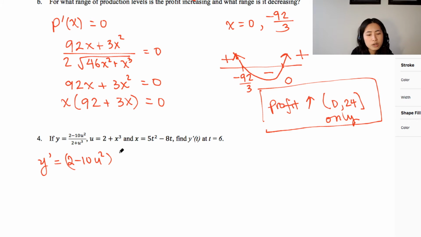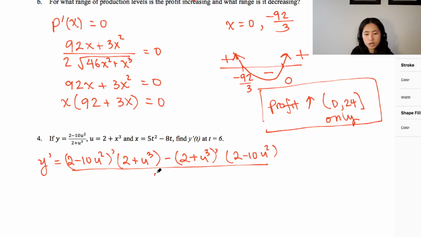You're taking the derivative of your numerator times your denominator, which is 2 plus u cubed, and then you're subtracting from that the derivative of your denominator, which is 2 plus u cubed, times your numerator, which is 2 minus 10u squared. And that's going to be over your denominator squared, which is 2 plus u cubed, and you square that. So that's it.